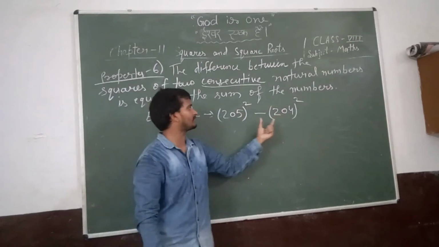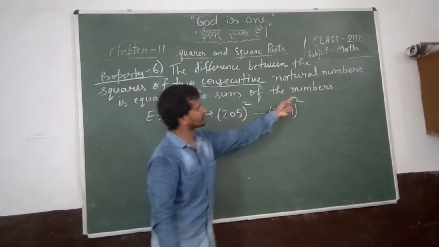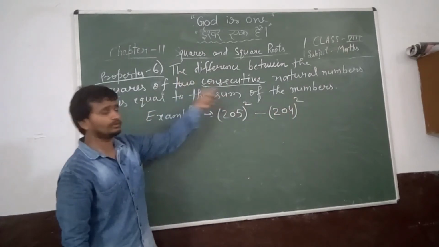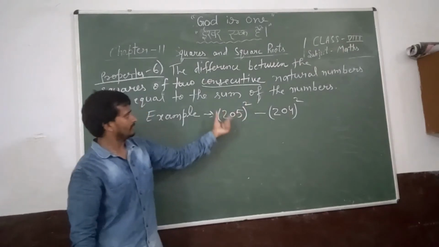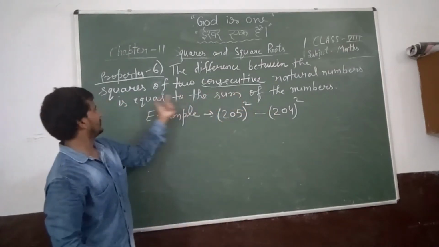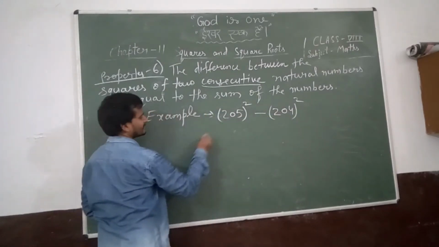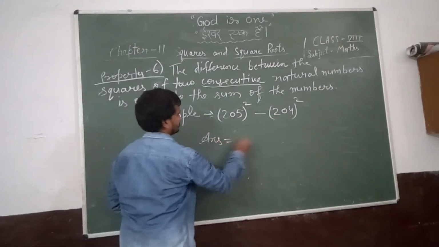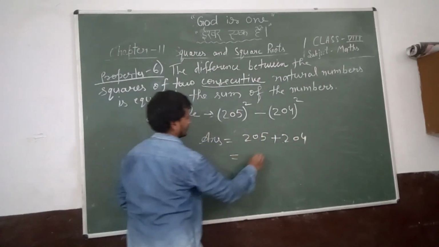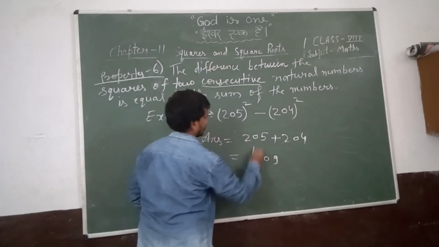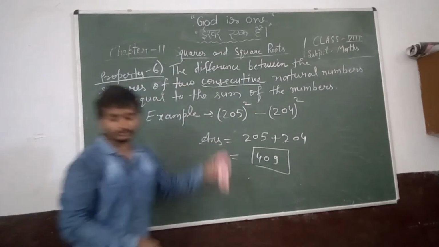These numbers are consecutive numbers. And the square of 205 minus square of 204. So we can use this property. Don't calculate the square. Directly use the property equal to the sum of the numbers. You can directly write answer. So this is the usual property.